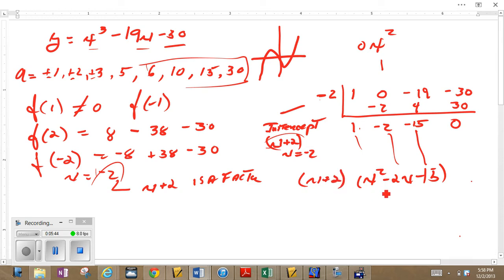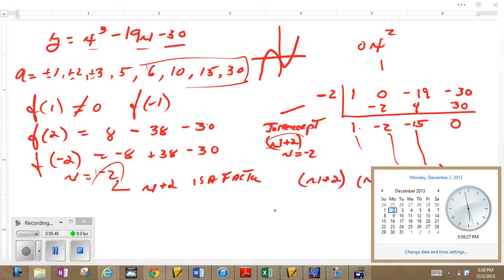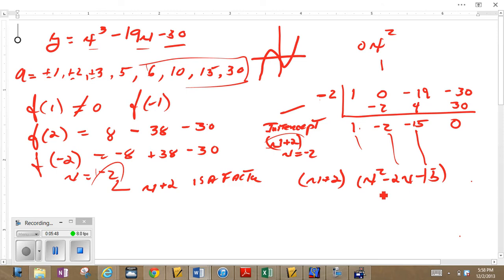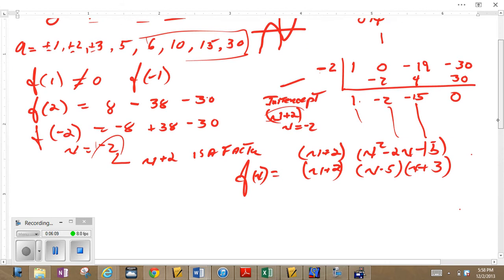So this thing is essentially factored. We have a quadratic over here, which we're going to factor as what? So 5 and 3, I guess. x minus 5 and x plus 3, along with x plus 2. So that is our factored polynomial function, which will, of course, give us the intercepts that we need.